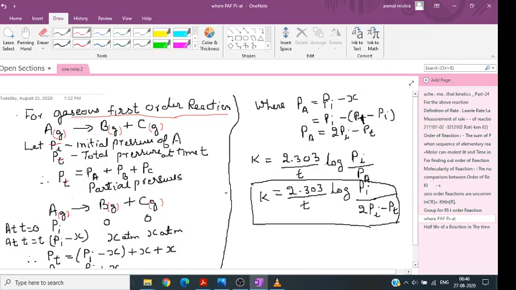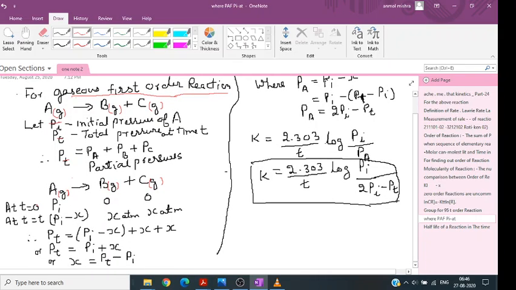So the remaining reactant A will be Pi minus X. And all the gases are present in the same container, so P total will be equal to Pi minus X plus X plus X. One X will get cancelled out, so Pt is equal to Pi plus X, or X will be equal to Pt minus Pi.